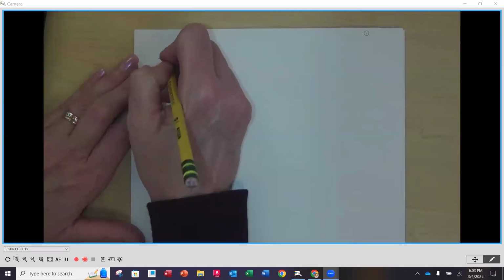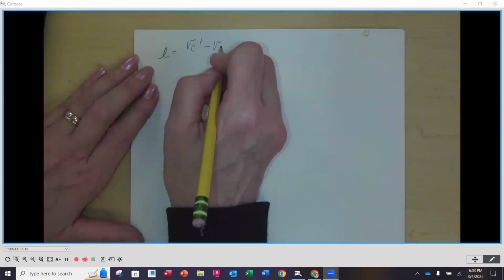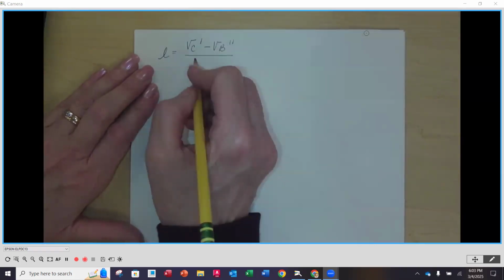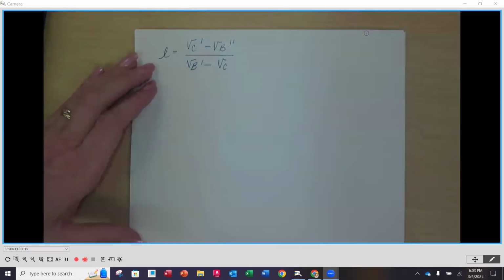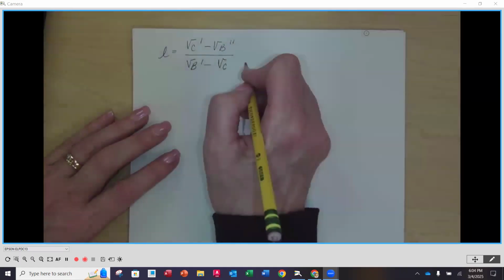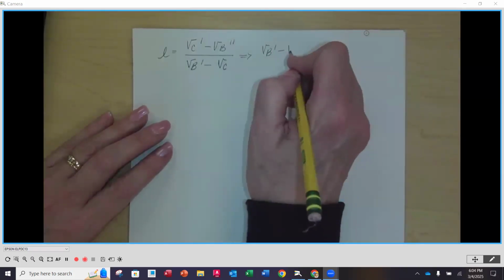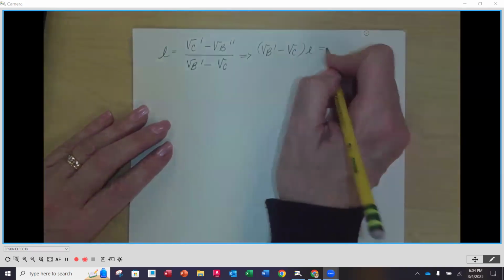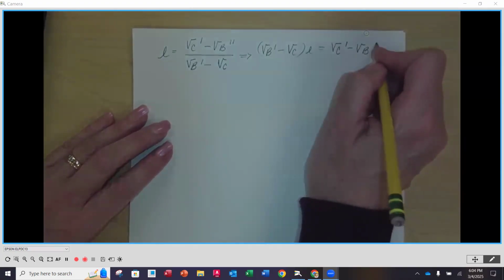My coefficient of restitution is equal to VC prime minus VB prime prime, divided by VB prime minus VC. This is in the standard form, but now adopting our appropriate befores and afters, what hits first and second. We can rearrange this to be velocity of B prime minus velocity of C, times the coefficient of restitution, equal to velocity C prime minus velocity B prime prime.